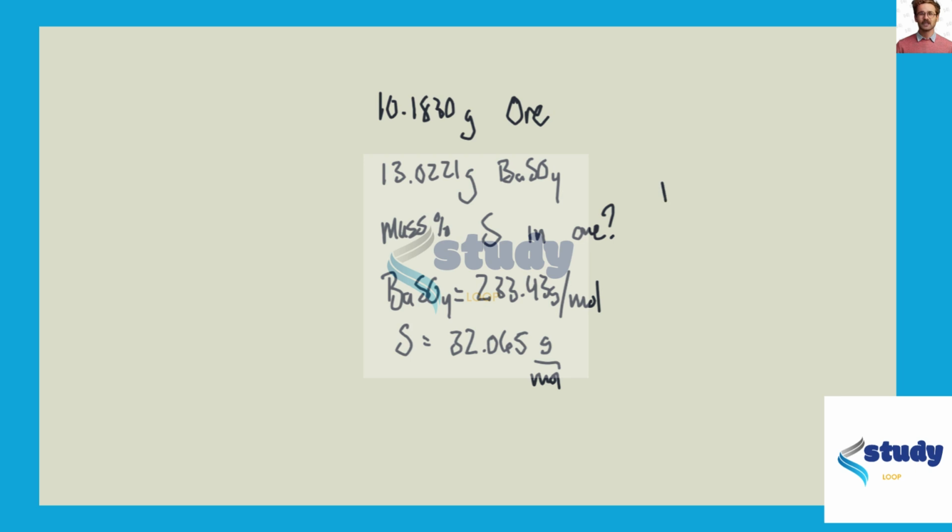So if we have 13.0221 grams of barium sulfate, how many moles of barium sulfate do we have? Well, we can figure that out because we're being given the molecular weight of barium sulfate. We can simply take 13.0221 grams and multiply it by the inverse of the molecular weight of barium sulfate.